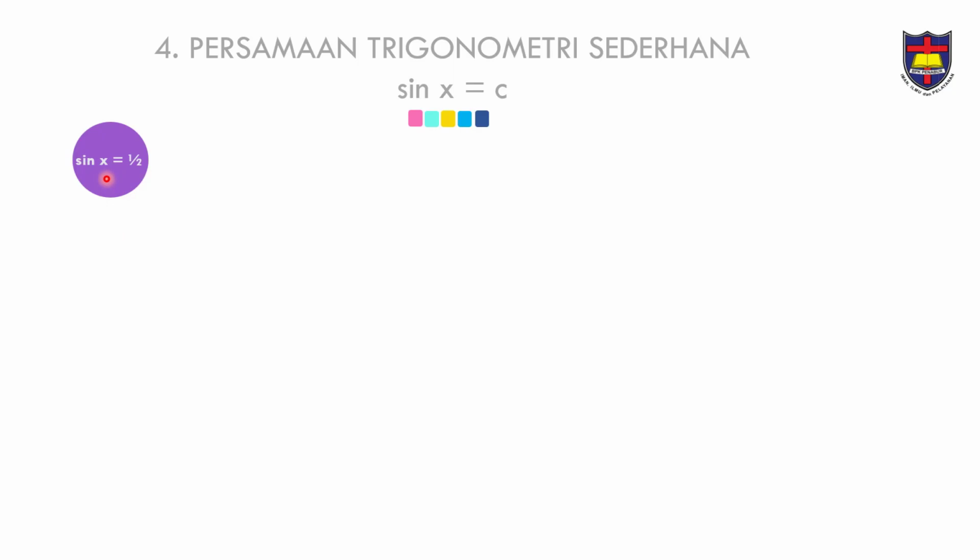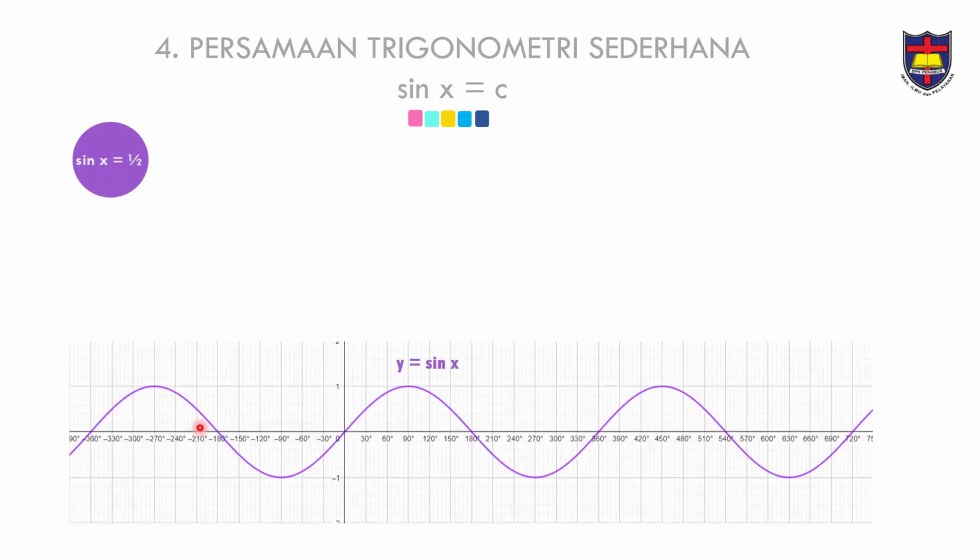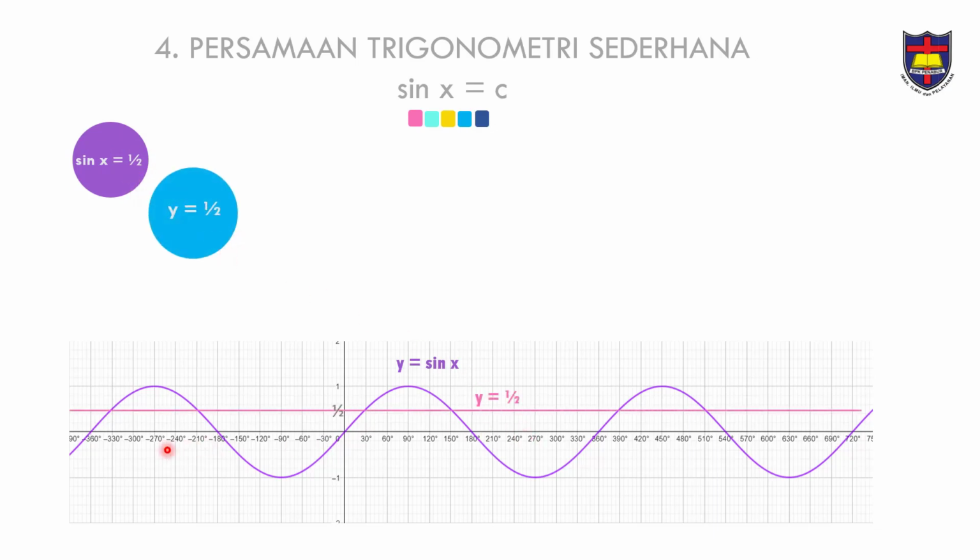Then we have to look at the graph of sine first. This is the graph of sine. It consists of three waves of sin x, continuing up and down like that. Here, the value of y equals sin x. If we want to find out where the value is a half, then a half is the value of y.